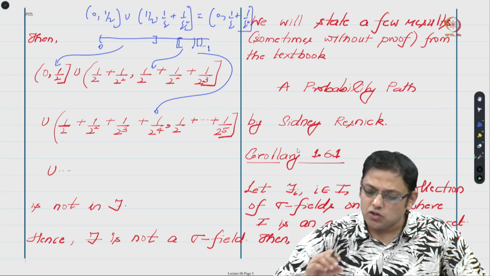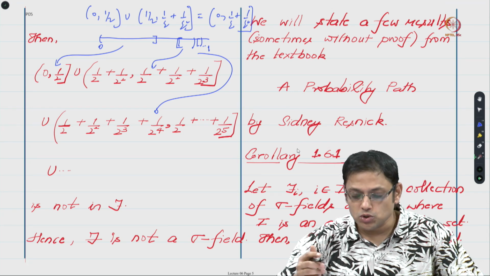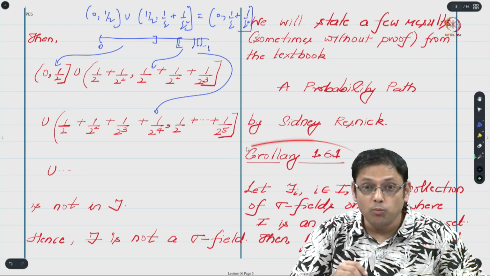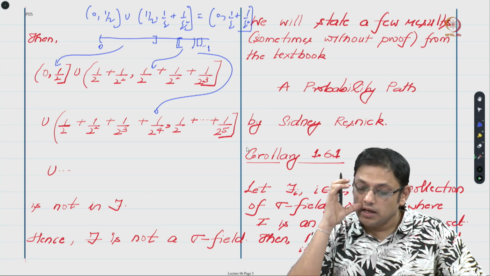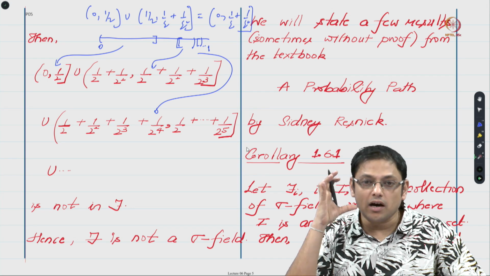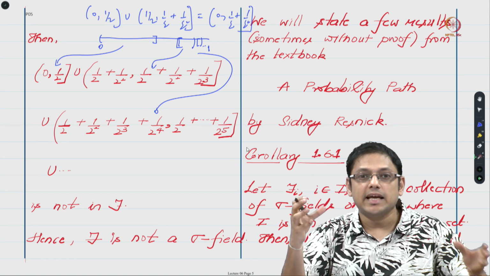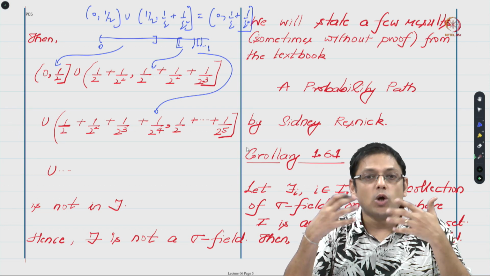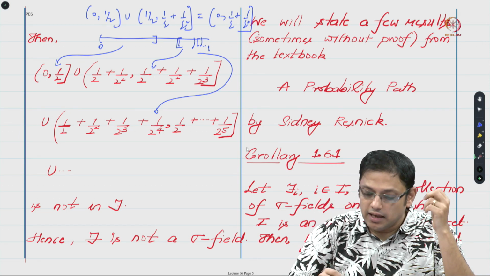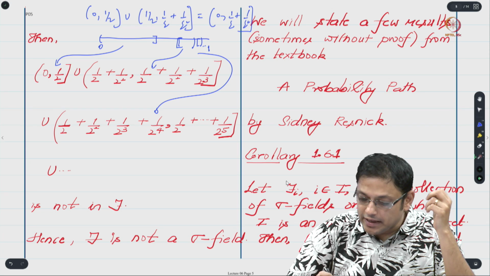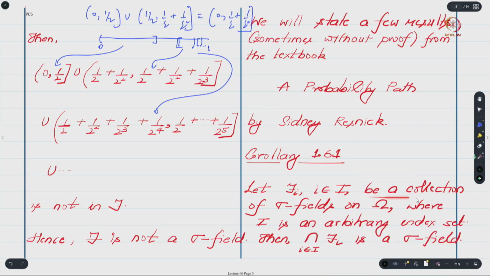Alright. So, the first of these results that would be of use to us is this corollary 1.6.1. What does this result say? It says that if you have a collection of sigma fields, then their intersection will also be a sigma field. Formally, let F_i, i in I, be a collection of sigma fields on omega, right.